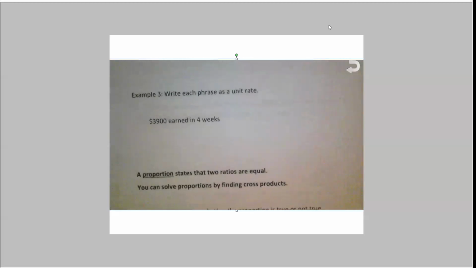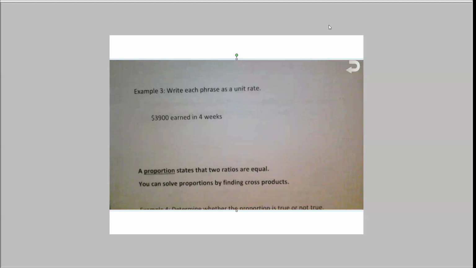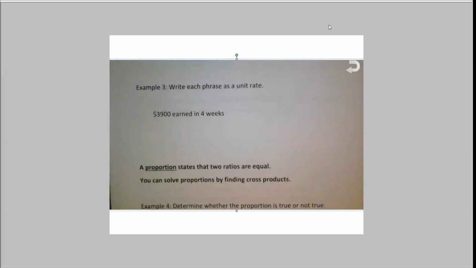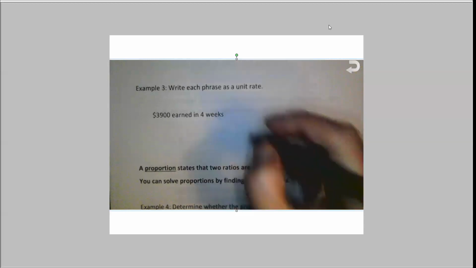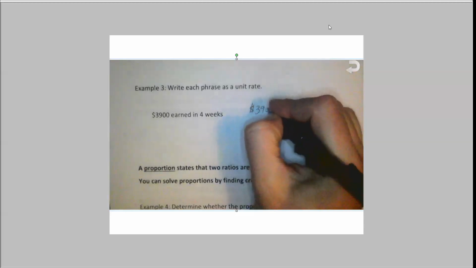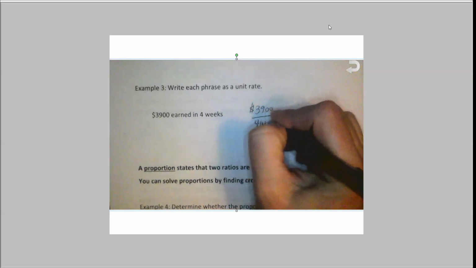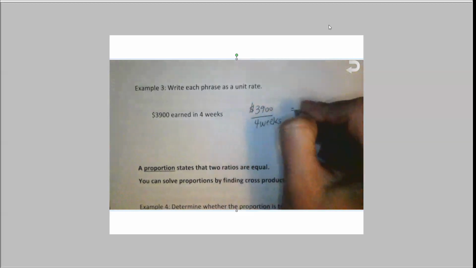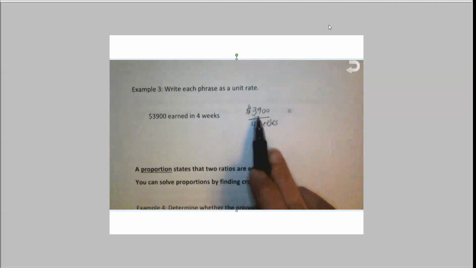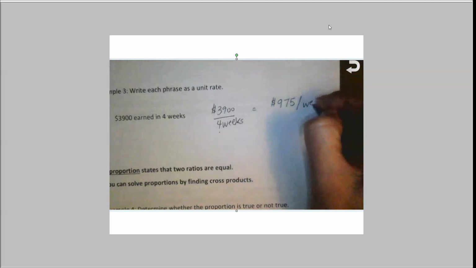All right, in example 3, we're asked to write this phrase as a unit rate. We have $3,900 earned in 4 weeks. So I want to know how much is earned in 1 week. So we've got $3,900 in 4 weeks. So if I take my calculator and divide 3,900 by 4, then that is equal to $975 per week.